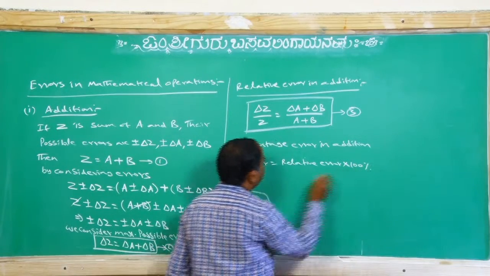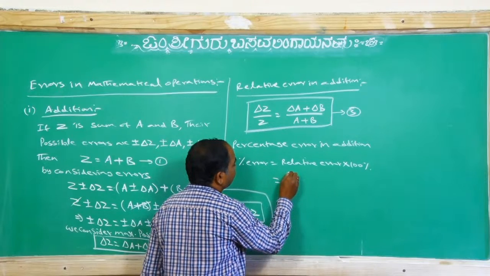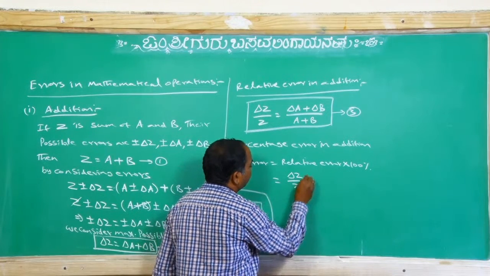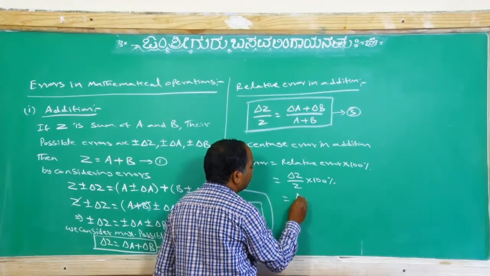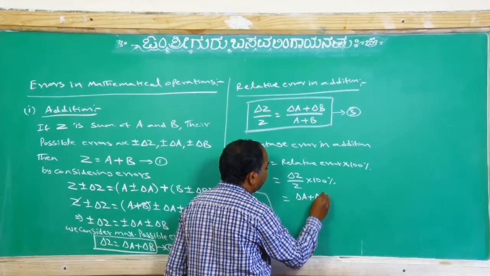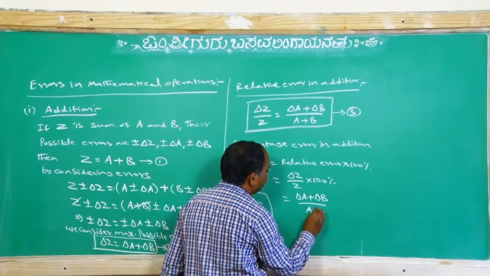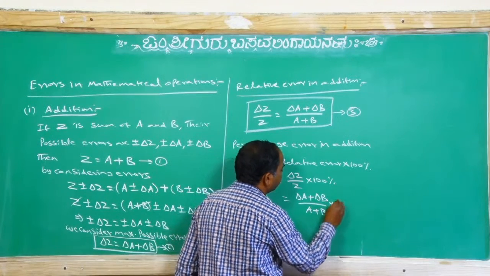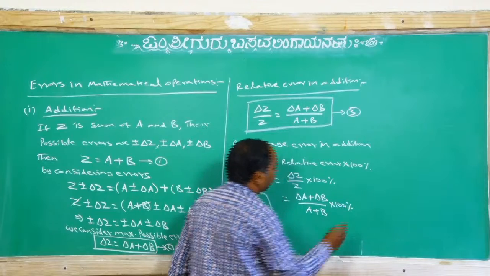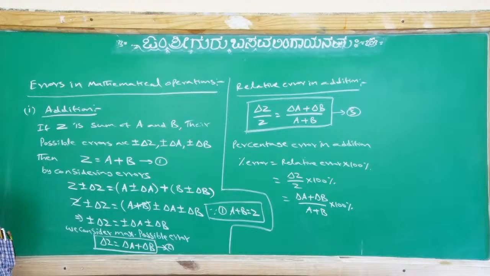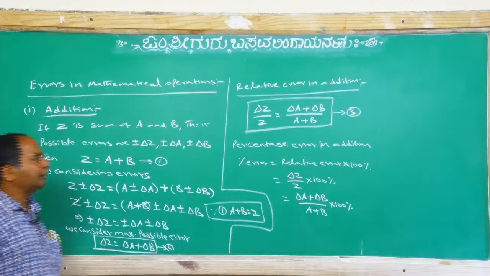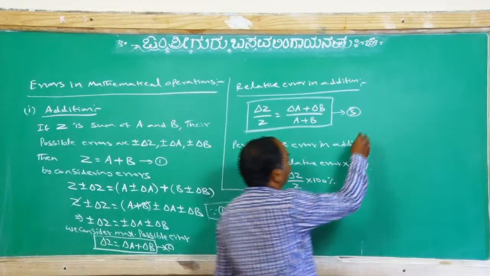So what is the relative error? That is delta Z by Z into 100%. In other words, you write delta A plus delta B divided by A plus B into 100%. This is said to be the corresponding percentage error in addition.